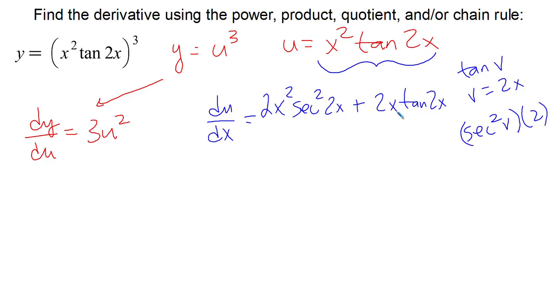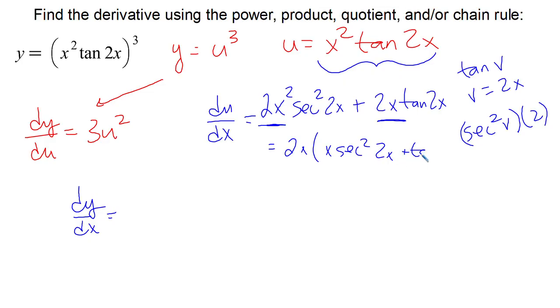So now we can just take our dy du and we can multiply it by our du dx. So dy dx here is going to equal, and I'm going to notice over here I've got a 2x squared and a 2x here, so before I write this all, I'm going to factor 2x times x secant squared 2x plus tangent 2x, just to simplify this down a little bit more nicely.